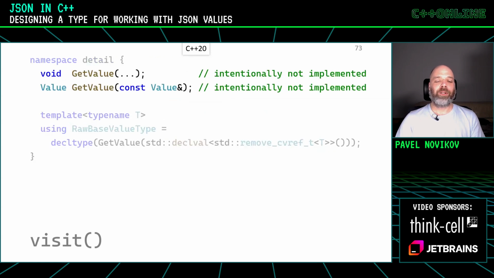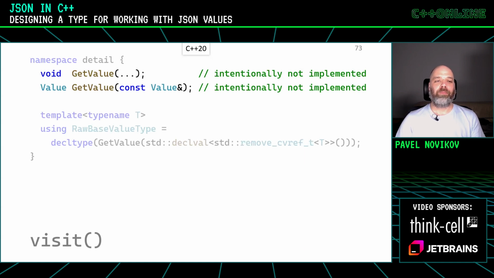So to calculate the base type, we can have two declarations of function overloads. In this case, get_value, which receives literally anything, and another declaration that receives a const reference to value. This second declaration has a higher priority, and it will be invoked for any type convertible to const reference to value.